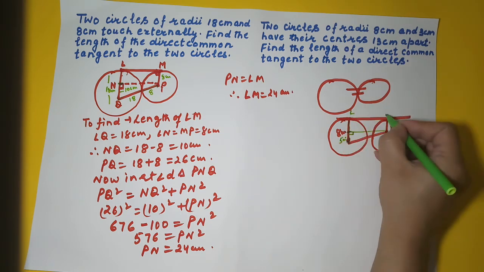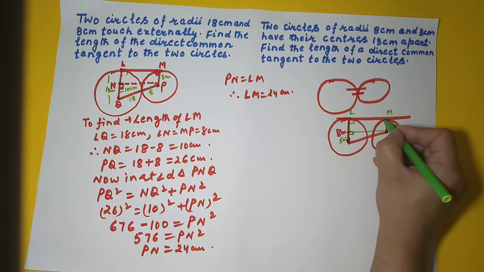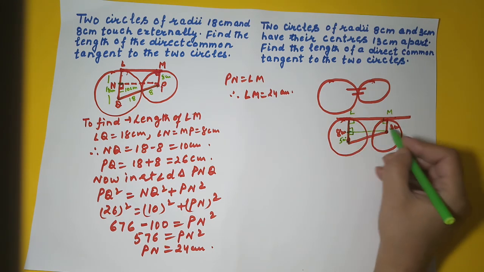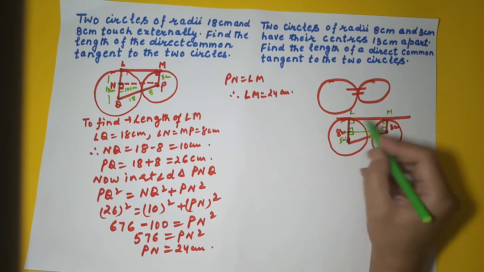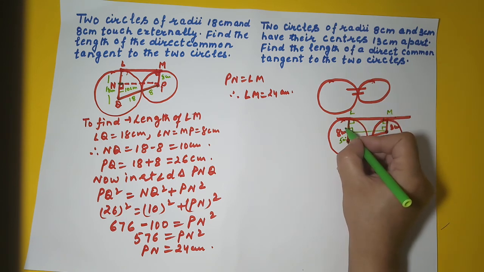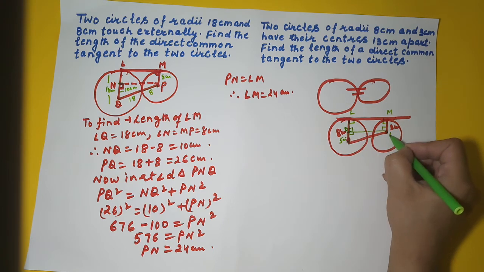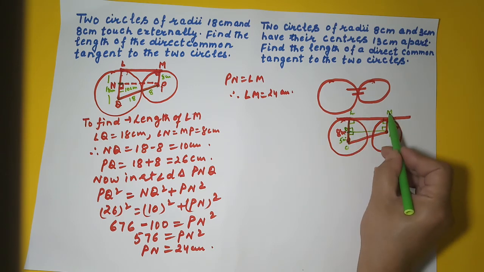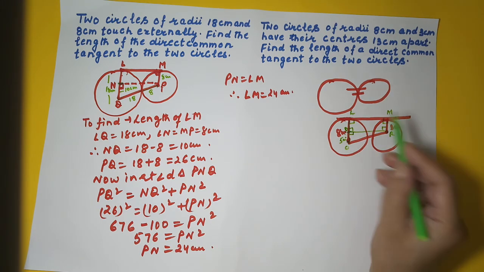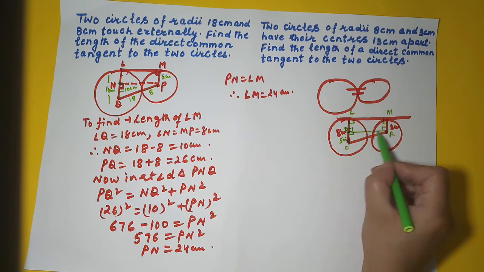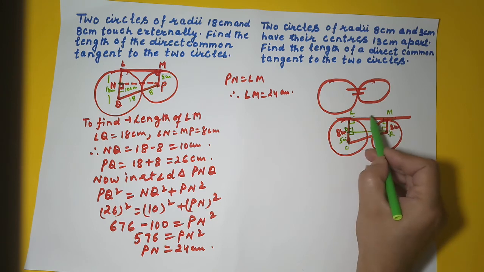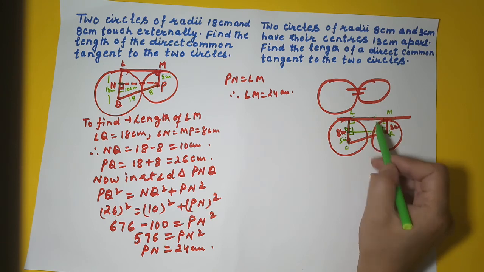So if this is L, this is M, this is perpendicular, this is also perpendicular. So you have dropped this as perpendicular. So this will also be 90 degree. So let's name this as Q, and this point as R, this point as O. Now you have L, Q, R, M as a rectangle. So if you are able to find this QR, that will be your LM. QR and LM will be same because opposite sides of rectangle are same.